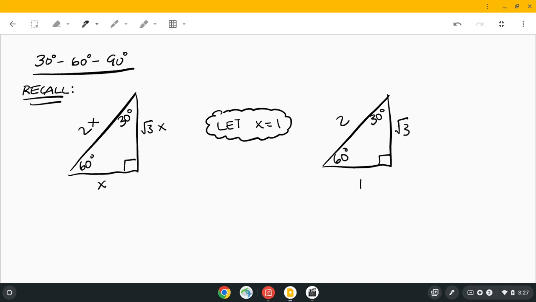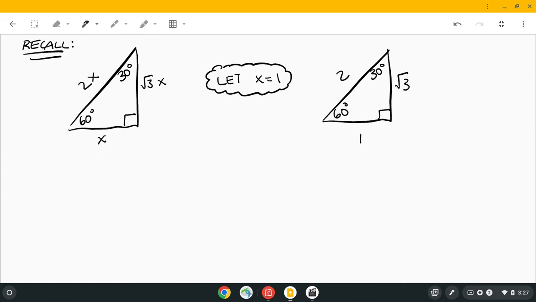Now, using this triangle, let's find sine of 60 degrees, cosine of 60 degrees, and tangent of 60 degrees.